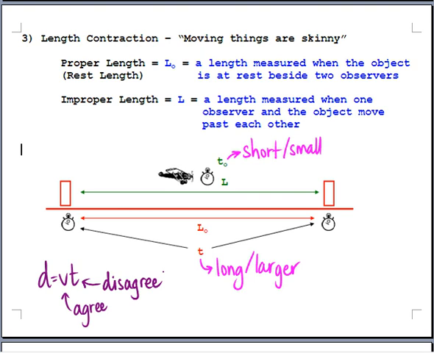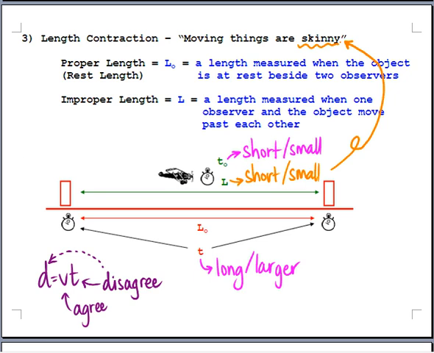The people on the ground, the observers, say it's long. So that means you also have to disagree about the distance, the length. You have to. So from the pilot's point of view, a short or small time is going to give you a short or small distance. We had said that another way to say short or small was to call it skinny.